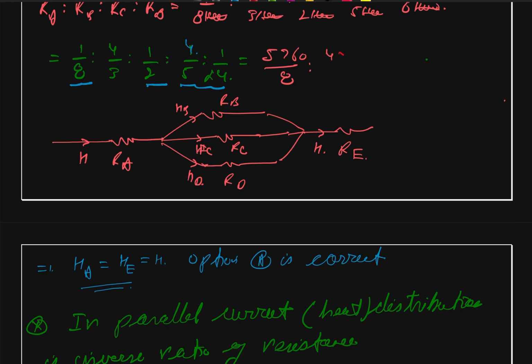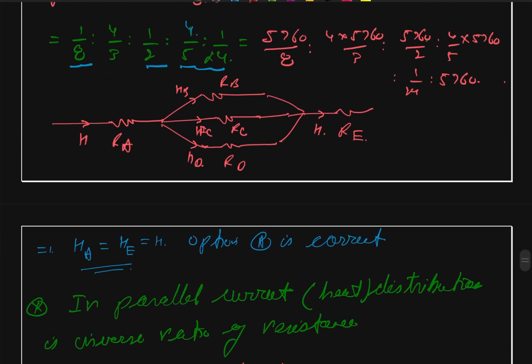This comes as 4 times 5760 divided by 3, and this is our 5760 divided by 2. 4 by 5 into 4, 5760, and we have 1 upon 24, 5760.